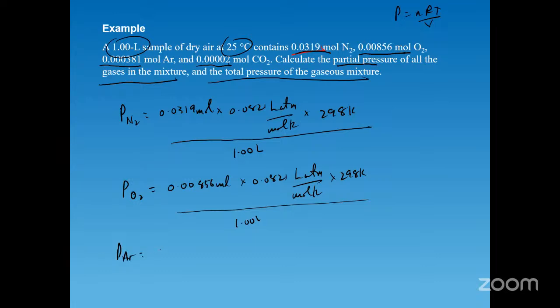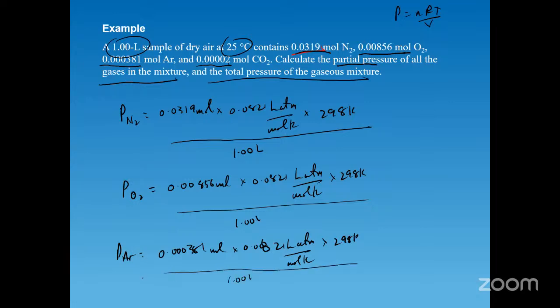The moles for that would be 0.000381 moles times 0.0821 liters atmospheres over mole Kelvin times 298 Kelvin, all divided by 1.00 liters.